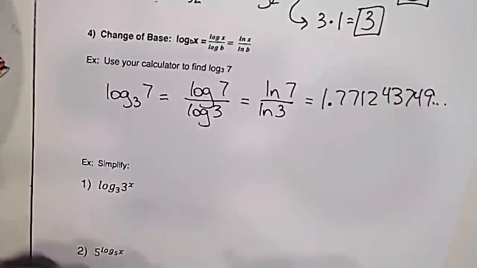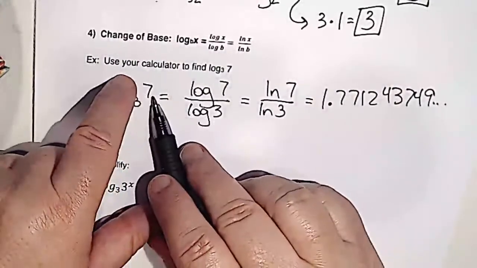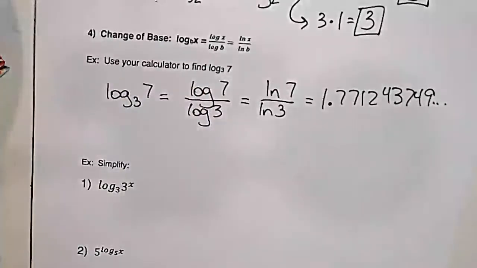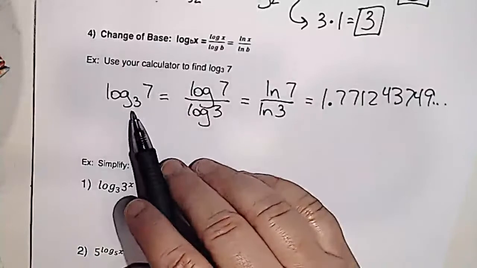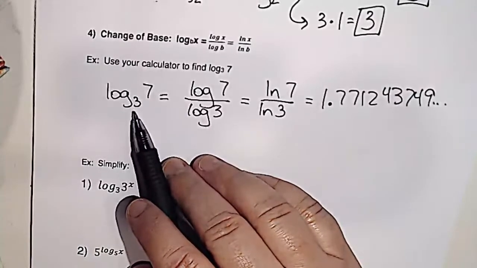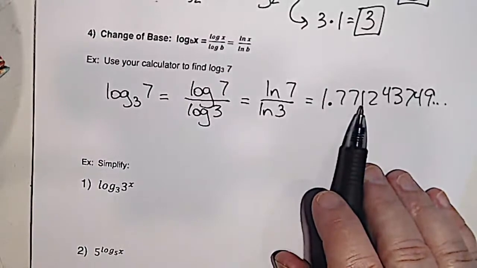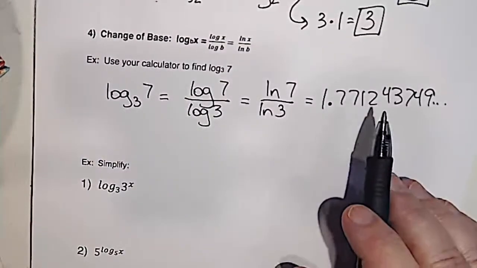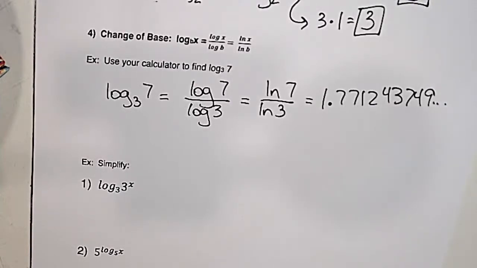That won't work. And then whatever the base is goes on the bottom, and whatever the argument is goes on top. That's it. So log base 3 of 7 says, how many 3s multiplied together give me 7? And the answer is almost 2, but not quite 2, because 3 squared is 9. That's too big. So it's slightly less than 2 3s. Kind of, sort of. Woohoo.